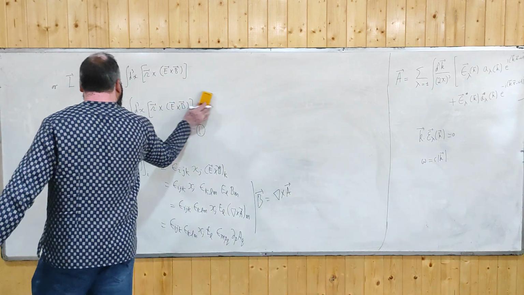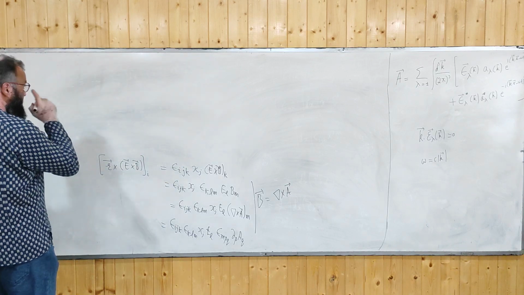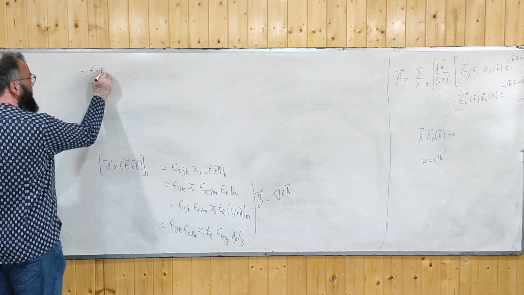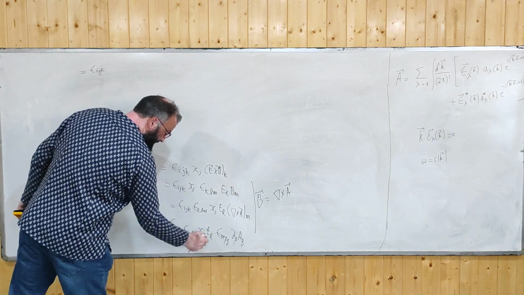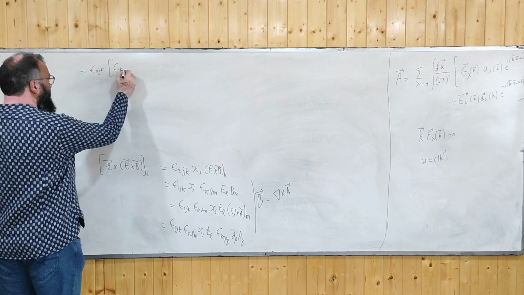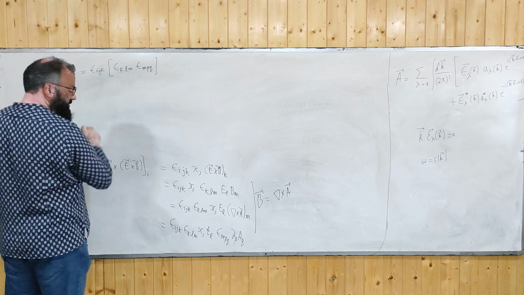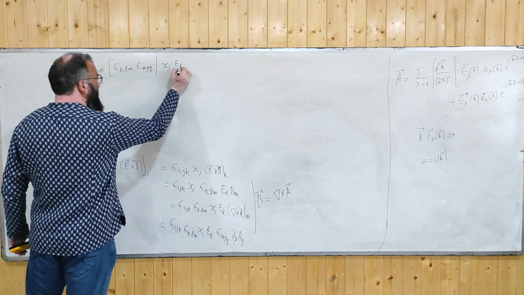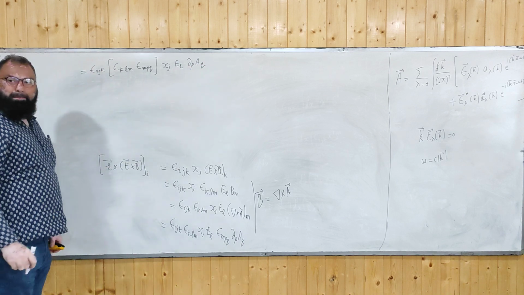So let's move ahead. Let's take these epsilons. I am having this object, epsilon ijk. Let me evaluate this thing. I am having now epsilon klm epsilon mpq, and then xj E_l partial_p A_q.